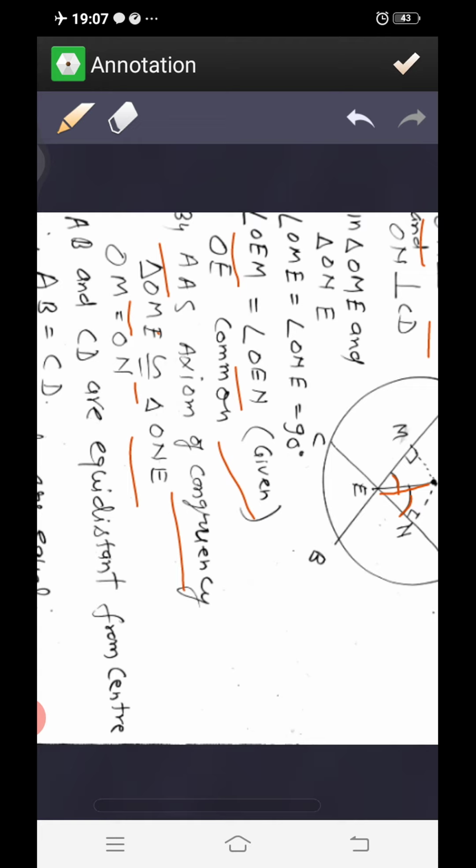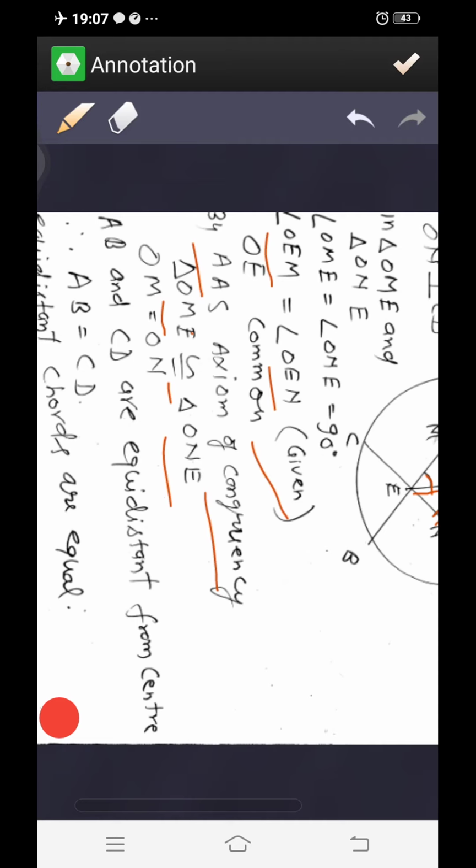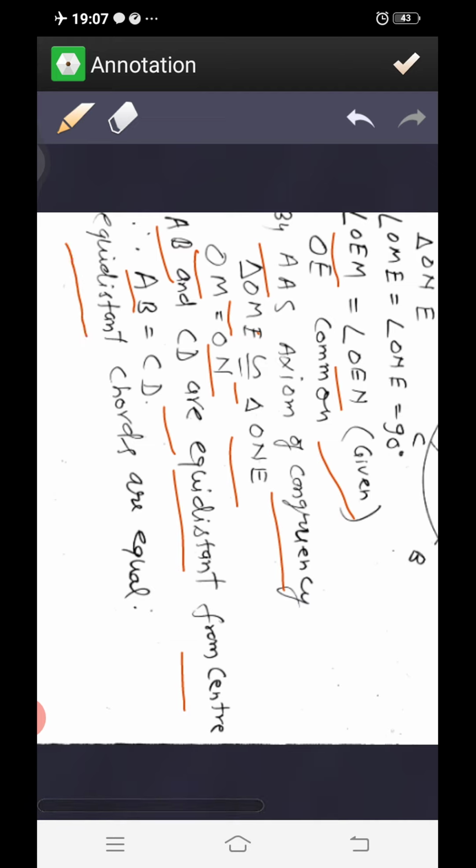When both triangles are congruent, OM equals ON. It means AB and CD are equidistant from the center. So AB equals CD, because equidistant chords are equal. When chords are equidistant, the chords are equal. Therefore AB equals CD. Hence proved.